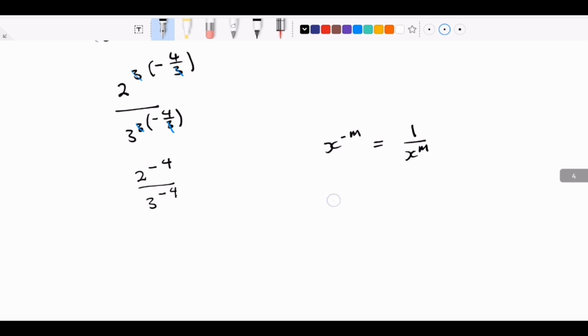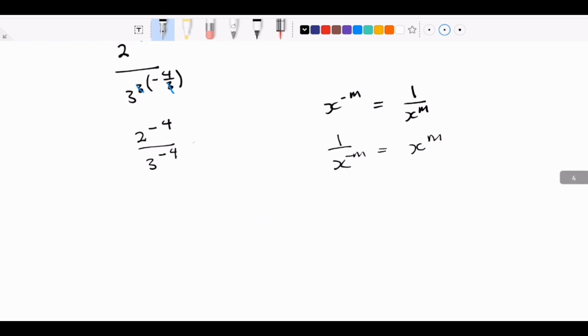And I also know that 1 over x to the power negative m is equivalent to x to the power positive m. So I can apply that law now to make it 3 to the power negative 4 in the numerator and 2 to the power of negative 4 in the denominator.